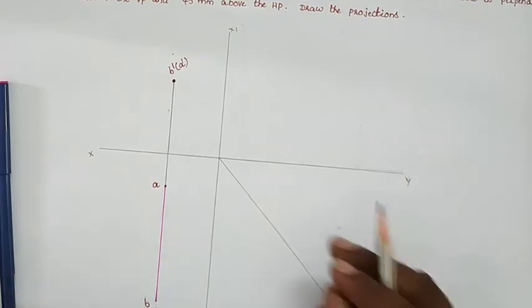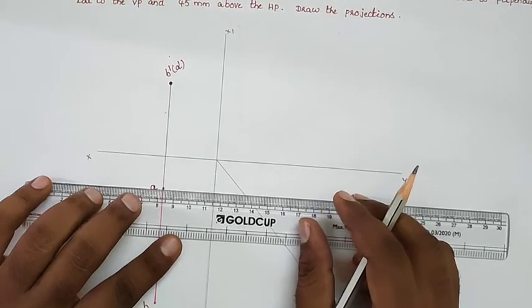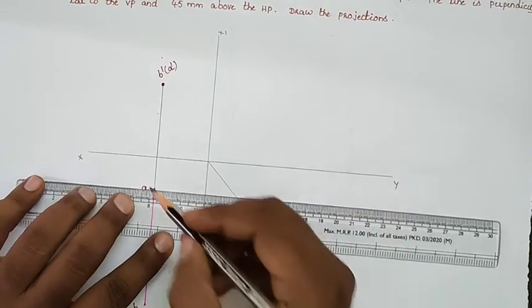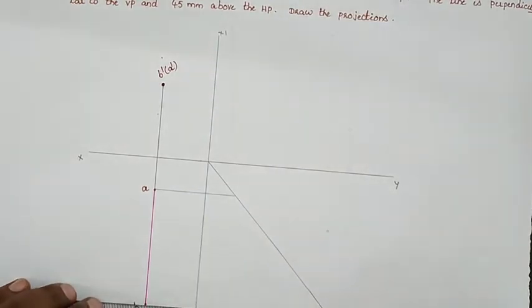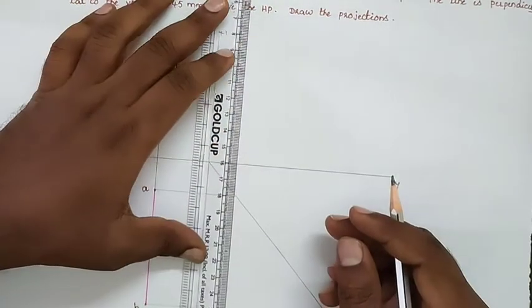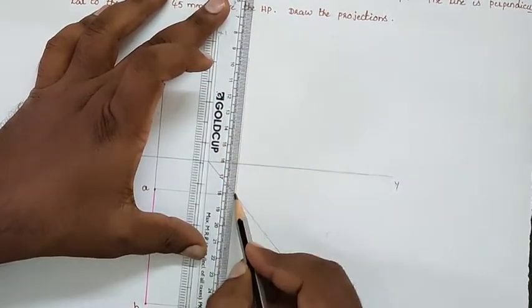Now from the points on the front view and from the points on the top view, draw the horizontal projection lines. We will get the intersecting points on the mitre line. Now from the mitre line, we will draw the vertical projection lines.